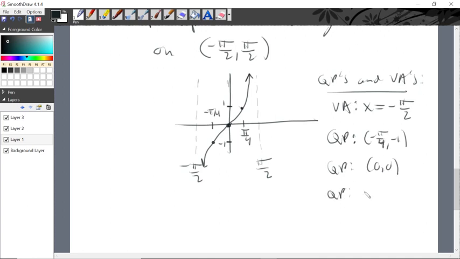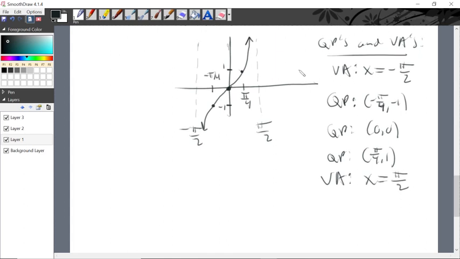We have a quarter point at pi over 4, 1. And then another vertical asymptote at x equals pi over 2. So the important x values to keep in mind, if you want to plot all the important points and asymptotes on one complete cycle of the tangent, are negative pi over 2, negative pi over 4, 0, pi over 4, and pi over 2.